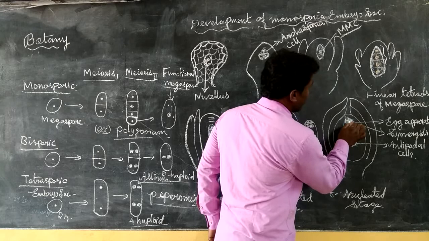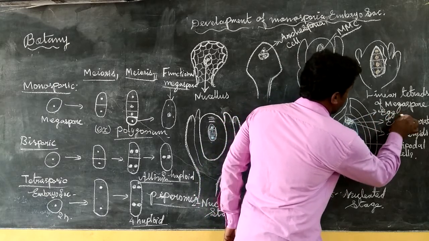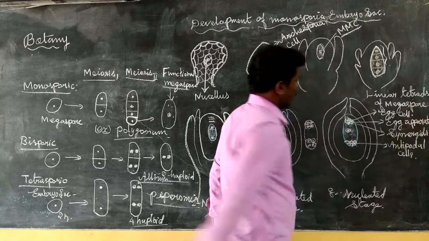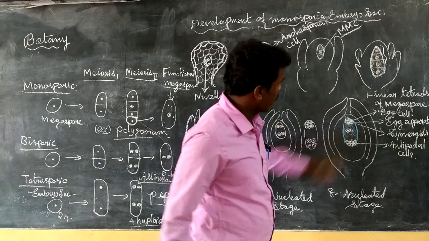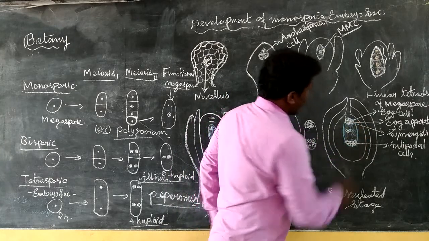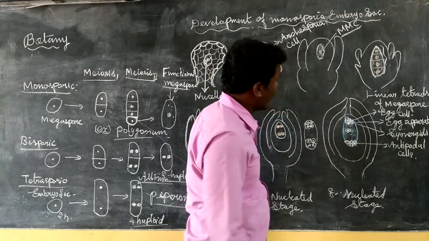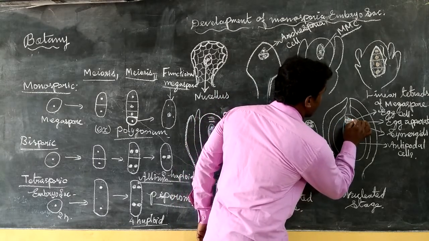It is said to be the egg cell. Okay, this is the egg cell. The synergids have thick walled structures.